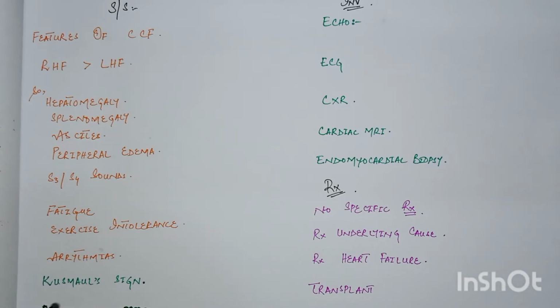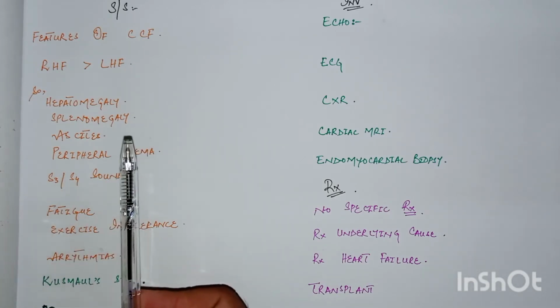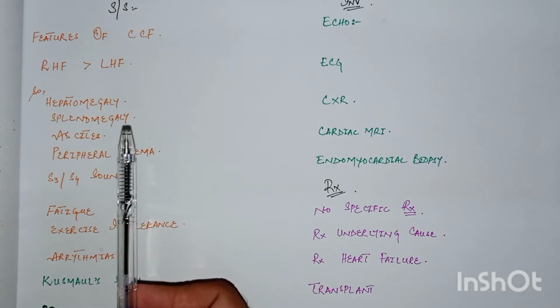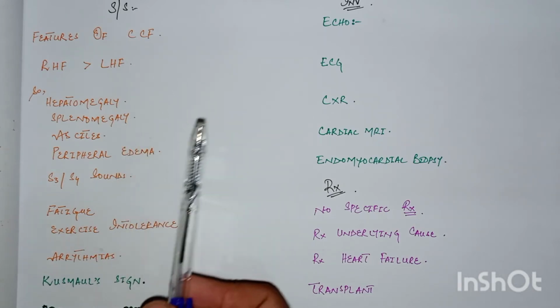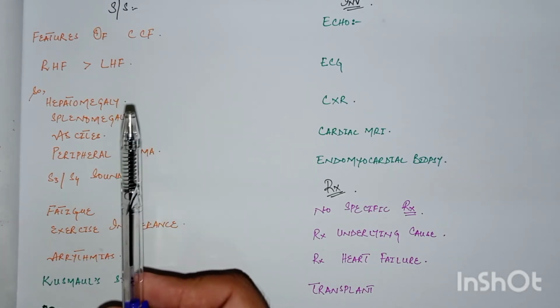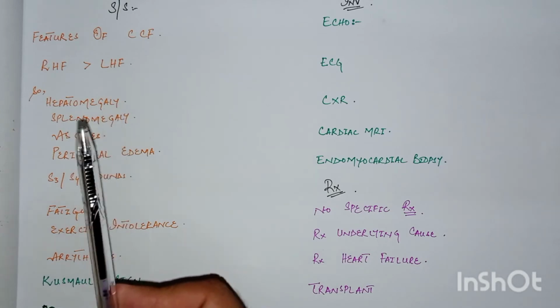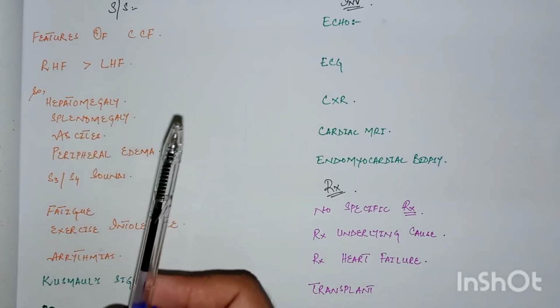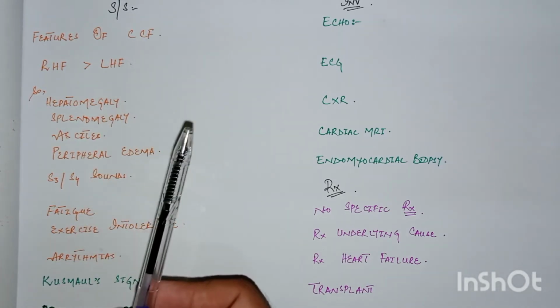Basically, in a normal healthy individual, during inspiration there is decreased intrathoracic pressure, so there is decreased JVP as blood is sucked into the heart. So there is a decline in the jugular venous pressure.